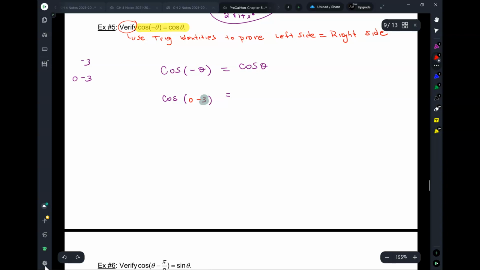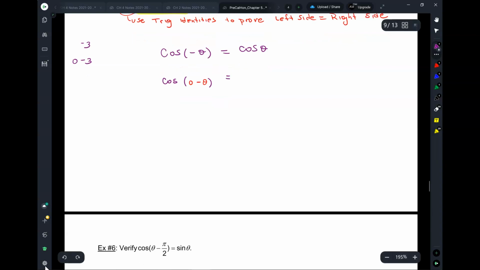Theta. 0 minus theta. And then what we do is, and this is like where it requires great skill, we like to align those equal signs, top to bottom. So you kind of have to adjust so it works that way. It's kind of like a ninja skill.